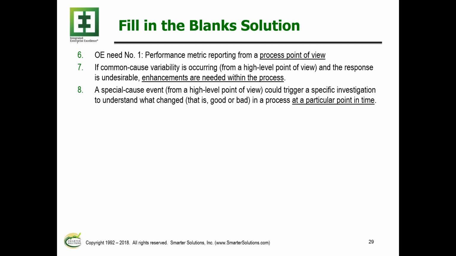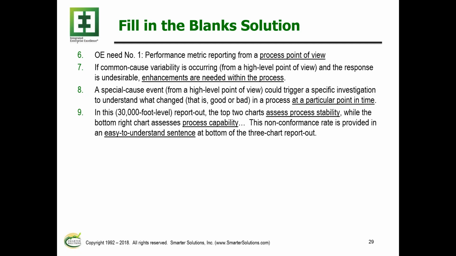Eight, a special cause event from a high level point of view could trigger a specific investigation to understand what changed, that is good or bad, in a process at a similar point in time. In this 30,000-foot level report out, the top two charts assess process stability, while the bottom right chart assesses process capability.